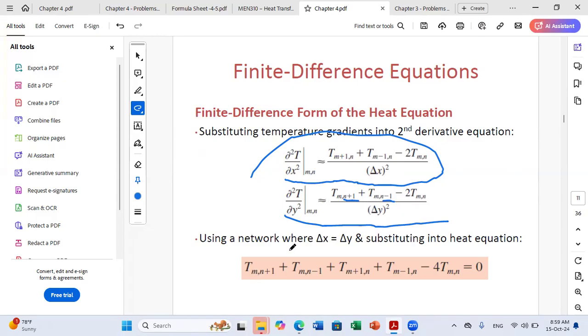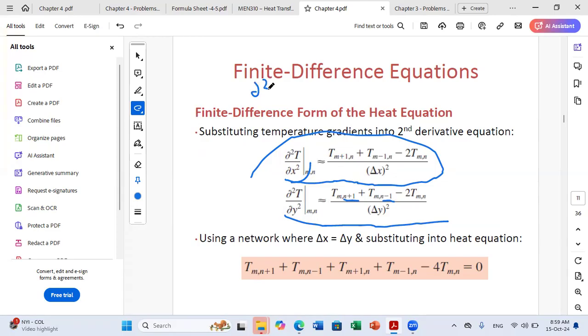And if we consider a uniform grid with delta x equal to delta y, then this will simplify things a lot, because if you replace in your equation, what was your differential equation?